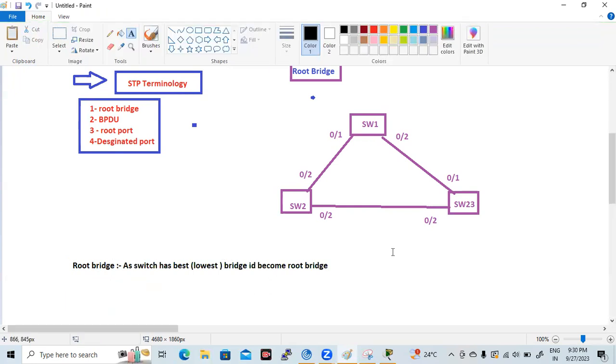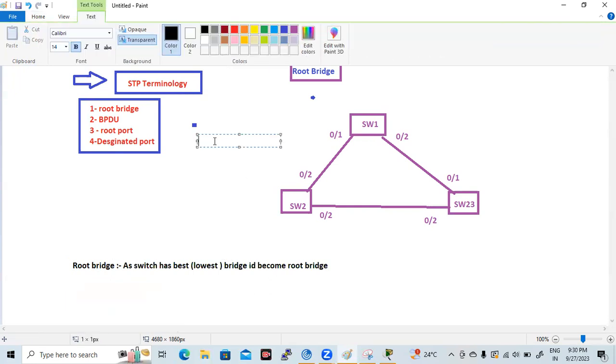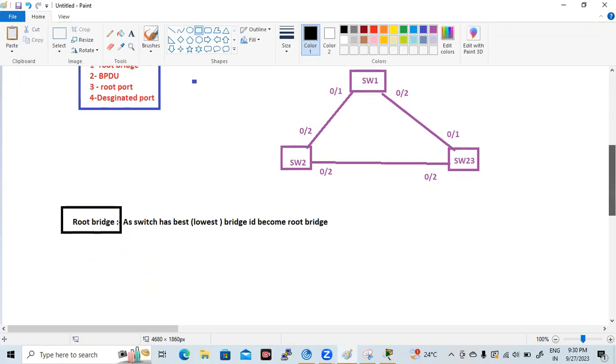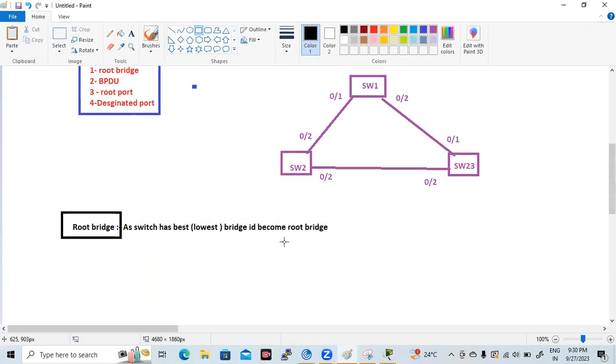I'll explain what the bridge ID is, then we can go for the root bridge. How is the root bridge becoming? What is a root bridge? A switch that has the lowest bridge ID becomes a root bridge.